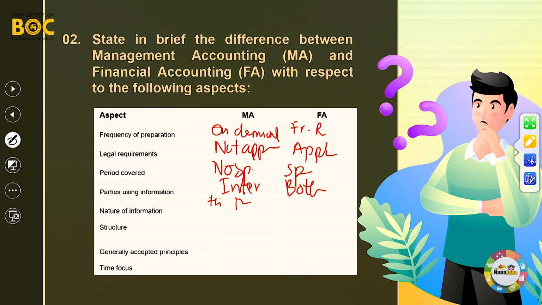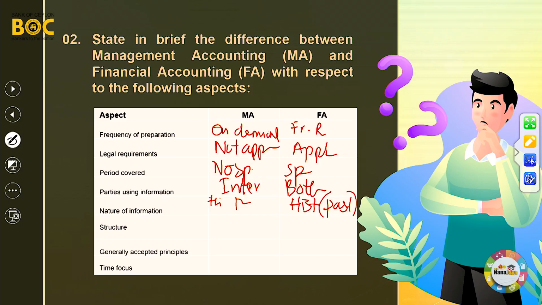But in financial accounting, you use only historical or past information, such as the statement of profit or loss for the year ended.